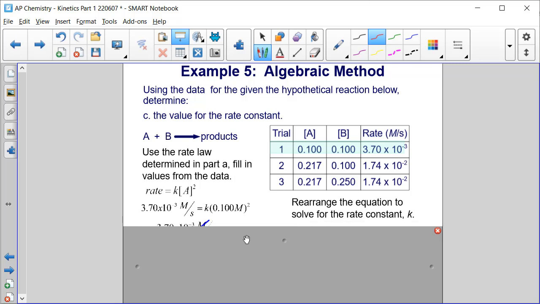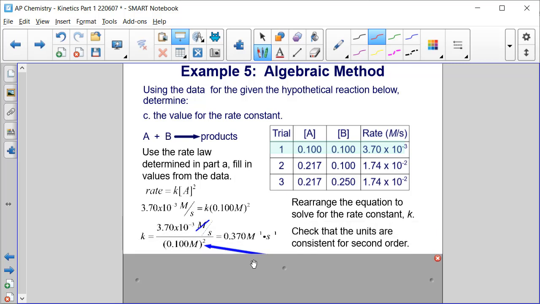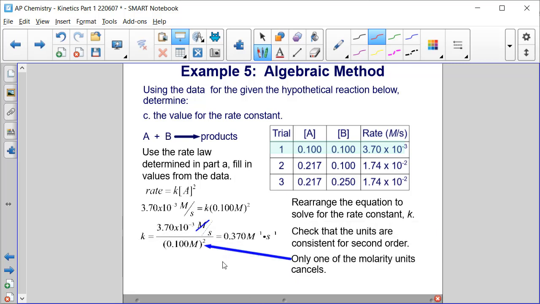Then just rearrange to solve for K. Right. So 3.70 times 10 to the minus 3 molarity per second divided by 0.100 molarity squared. So we get 0.370 molarity to the minus 1 seconds to the minus 1.